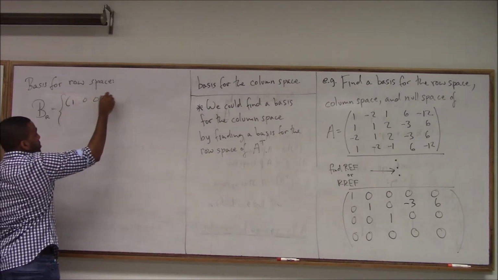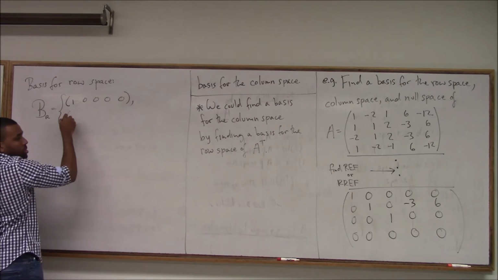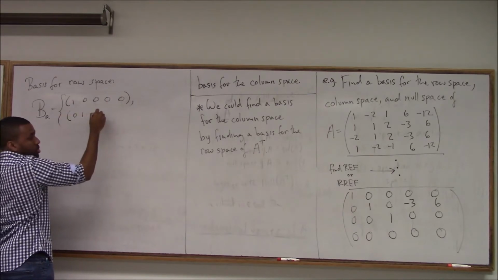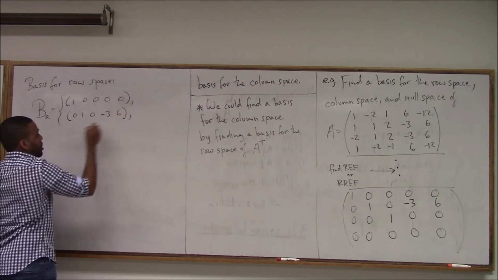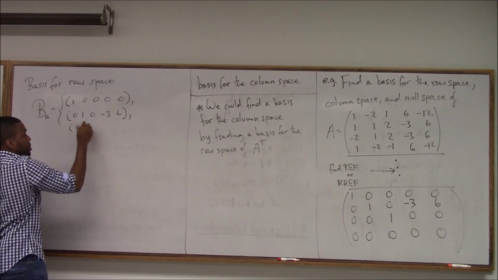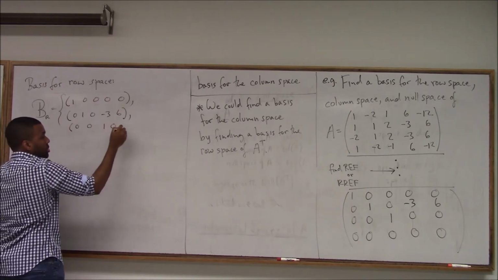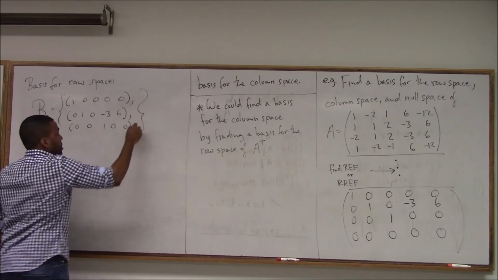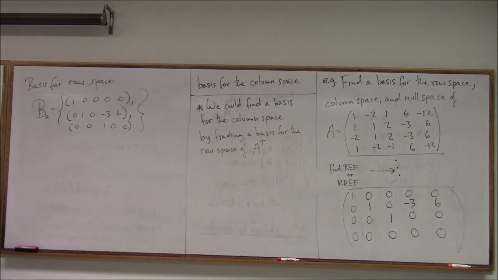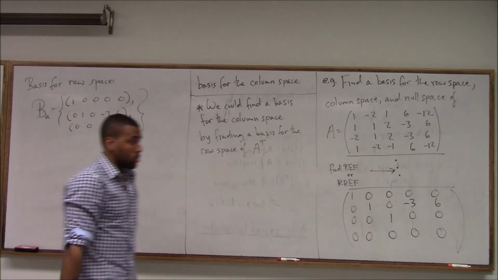So (1, 2, 3), comma, (0, 1, 0, -3, 6), comma, (0, 0, 1, 0, 0). That set forms a basis for the row space. I just pick out the non-zero rows, essentially.